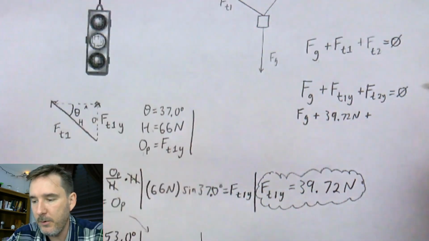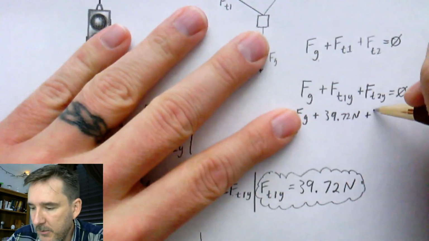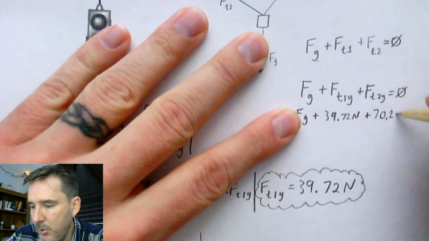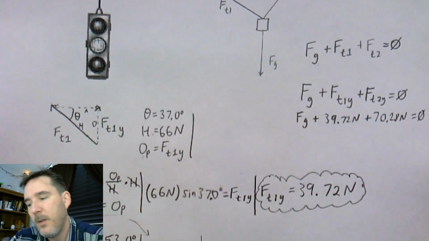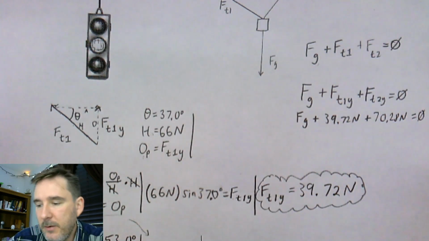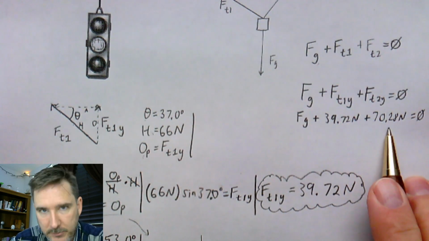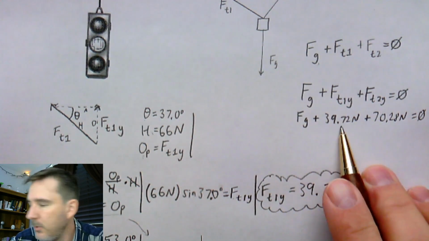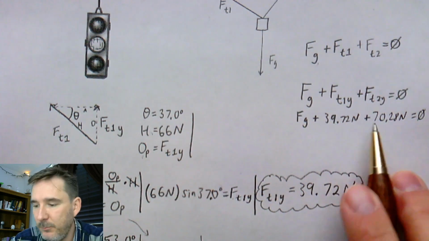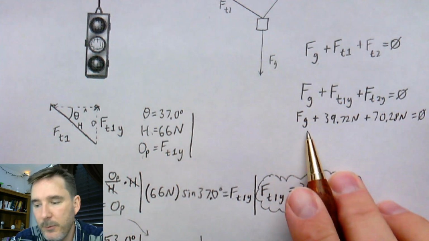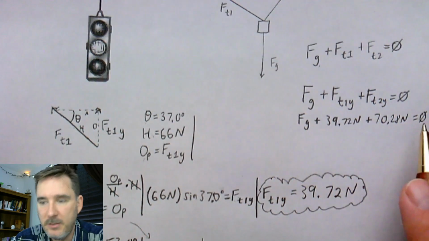Force of tension for the second wire in the y direction is 70.28 newtons. And when I take those all into account, they have to equal 0. So the force of gravity plus these two numbers has to equal 0. So when I add these two numbers up, I end up with 110 on the dot, 110 newtons. So the force of gravity plus 110 newtons has to equal 0.